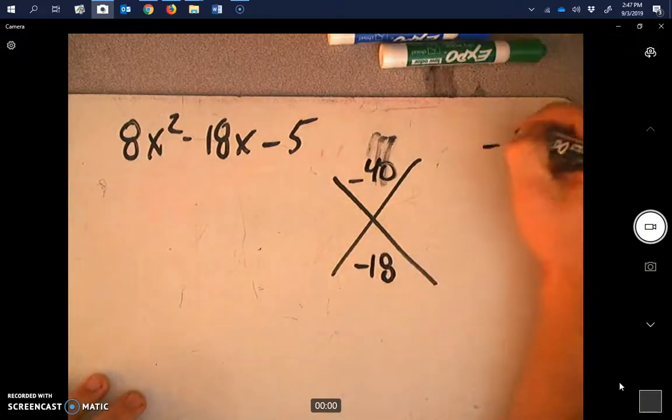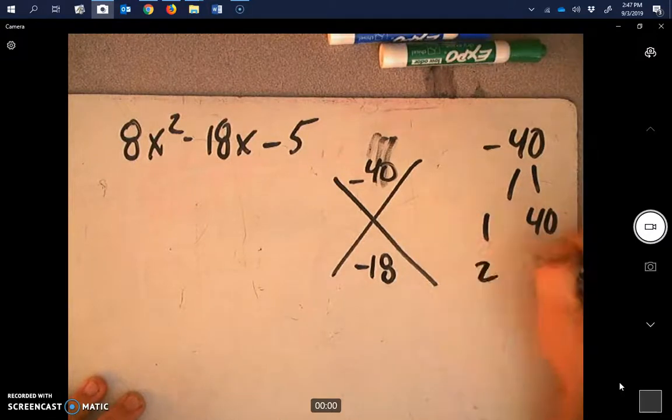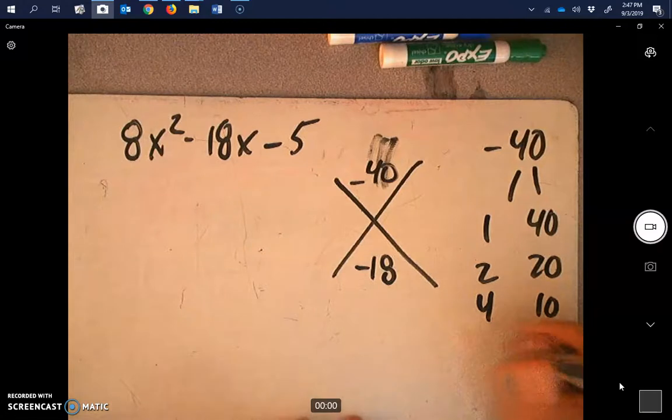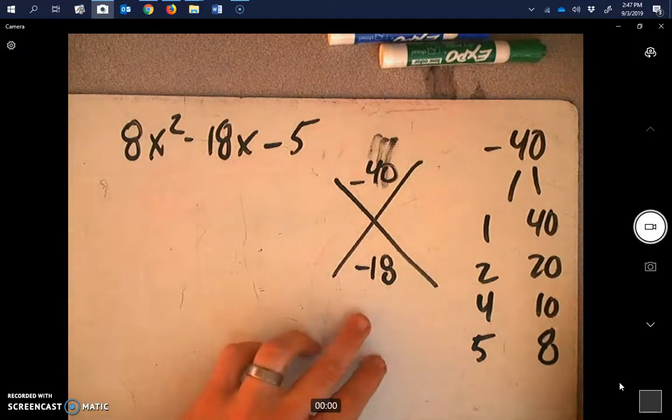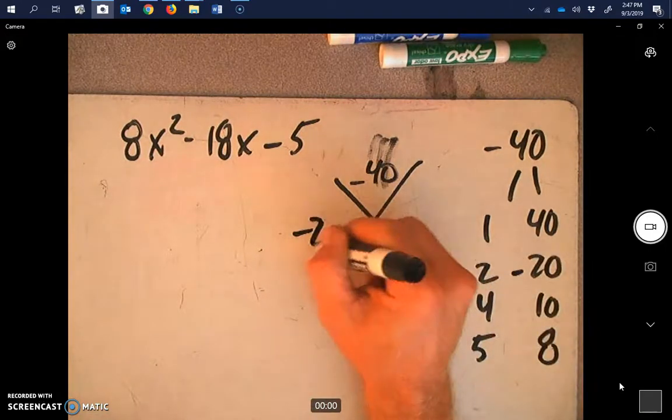So the factors of 40 are 1 and 40, 2 and 20, 3, 4 and 10, 5 and 8, 6 and 7 do not. So one's negative, one's positive. Negative 20 plus 2 gives us negative 18.